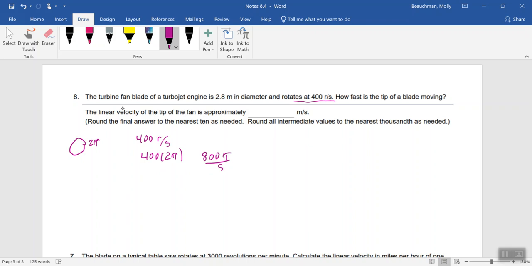Okay? So the linear speed is equal to the angular speed, 800 pi per 1 second, times the radius. And the fan blade is 2.8 meters in diameter.